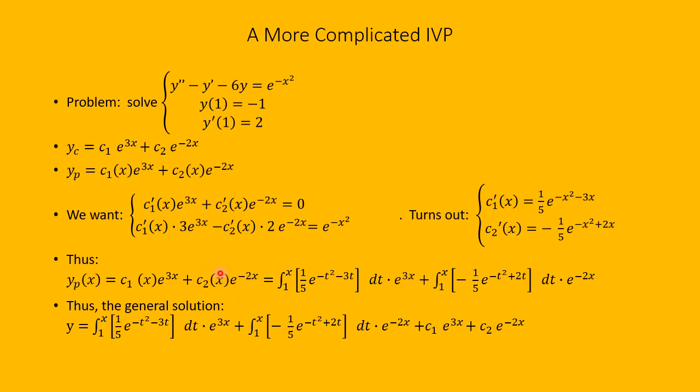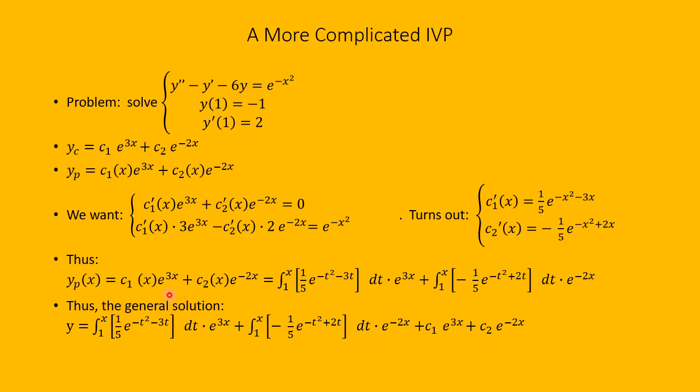Now c2 of x is the integral of c2 prime, and so I'll write that as the integral from 1 to x minus 1/5 e to the minus t squared plus 2t, notice here we have x squared plus 2x, dt. And then it's multiplied by e to the minus 2x, which is what we have here. So the general solution then is what?